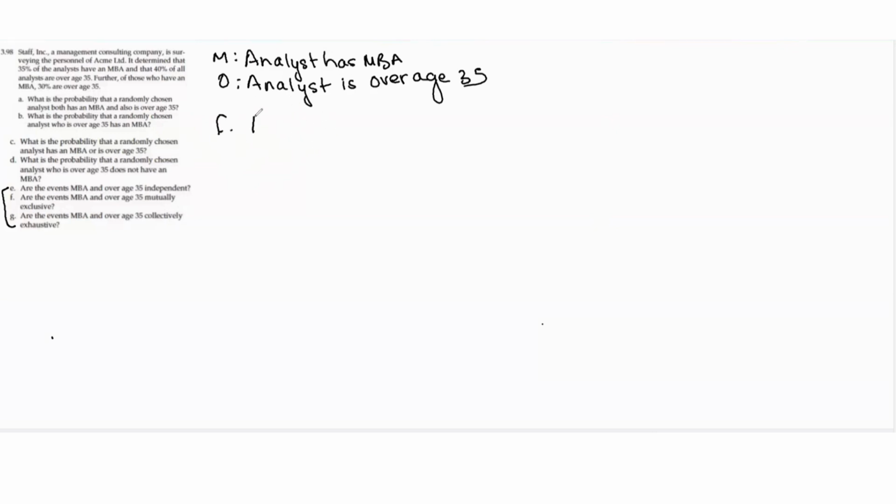So in part F we want to see are M and O mutually exclusive. For this, let's recall what we mean by mutually exclusive events.